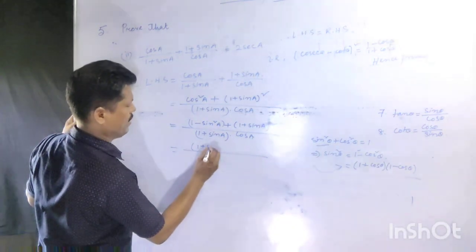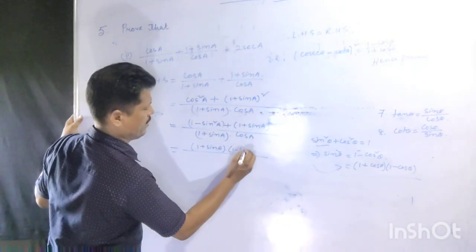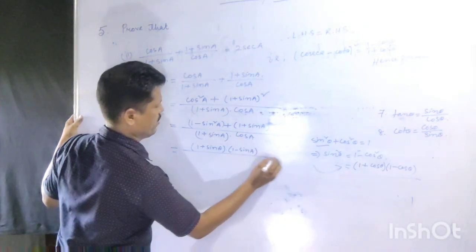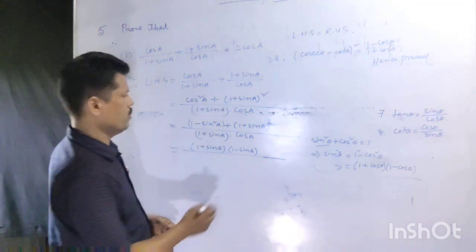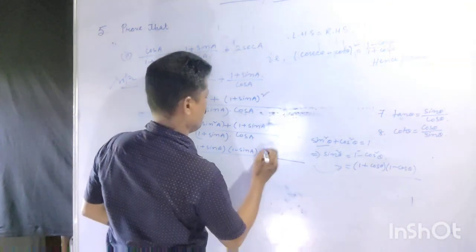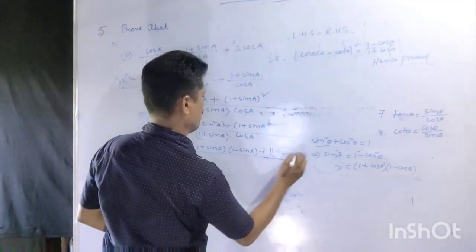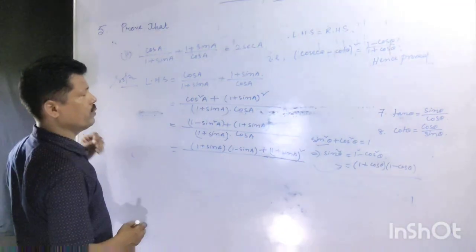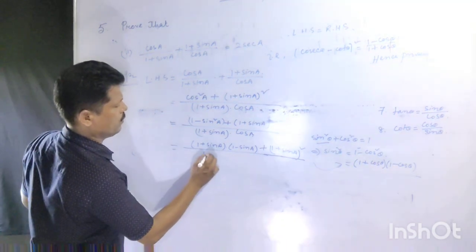(1 plus sin A) into (1 minus sin A), because here it is A square minus B square. So plus there is (1 plus sin A) whole square.